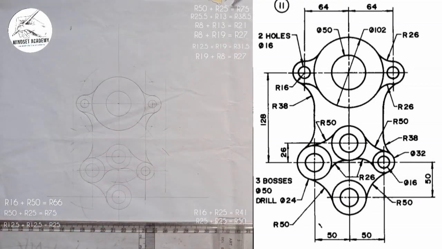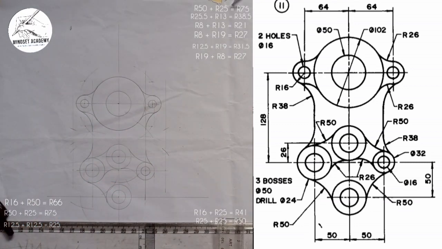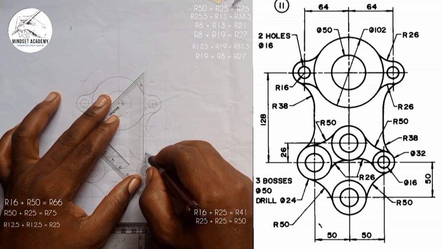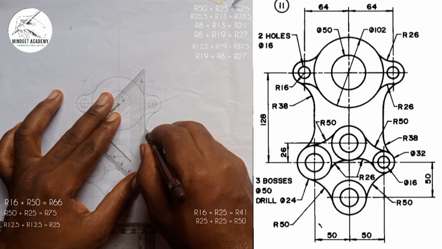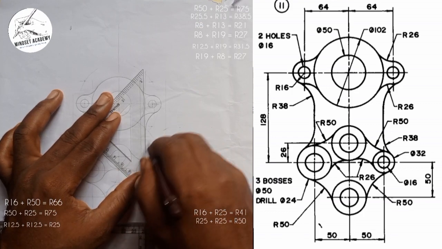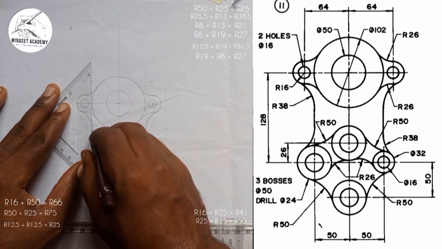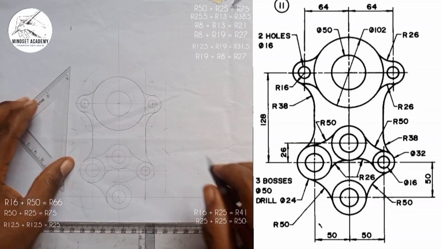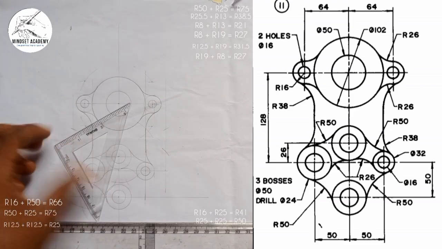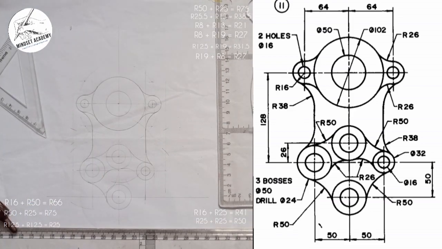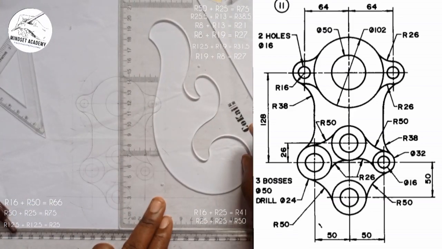So with that, I can now successfully connect those points together from here to here, from here to here. So you do your center lines that we have. We know we have center lines since these are circles.